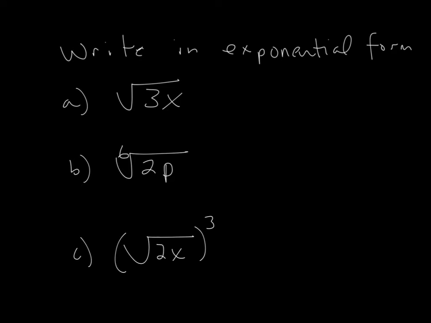These next three are just the opposite. Same rule, we're just working in a backwards direction. We're starting with the radical, and it says write in exponential form. So this first one here is basically just a square root. Square root is half power, just like you just saw in the last one.